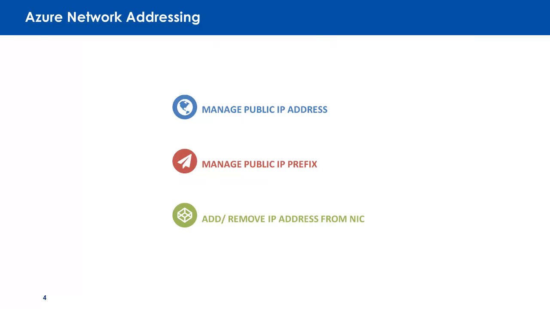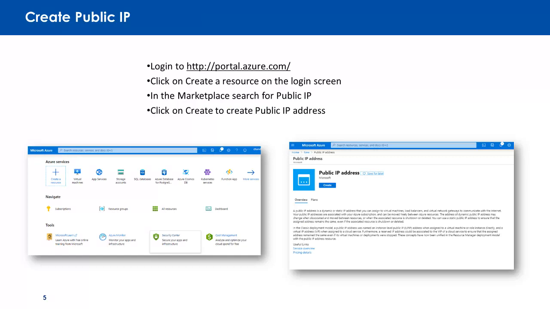Next, we investigate what can be done with IP addressing. The 3 points we'll be talking about are managing public IP addresses, managing public IP prefixes, and adding or removing IP addresses from a network interface. For creating a public IP, log into portal.azure.com and search for a public IP address in the marketplace or create one.